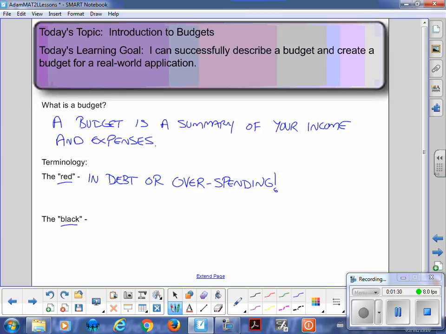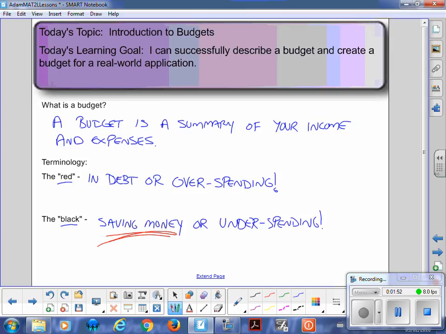In the black means you are saving money, or underspending. But the term I like better is saving money. So black is good, red, not so good.